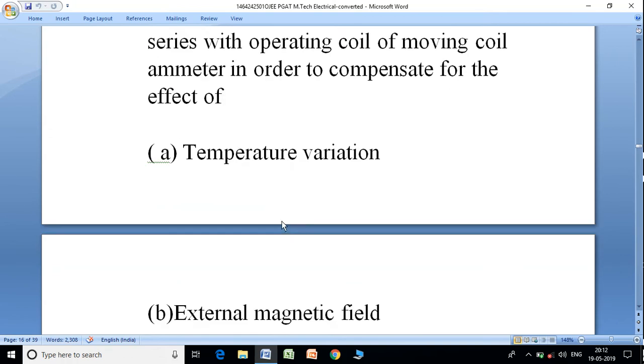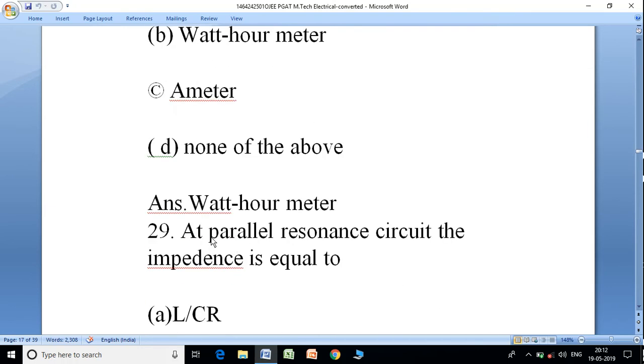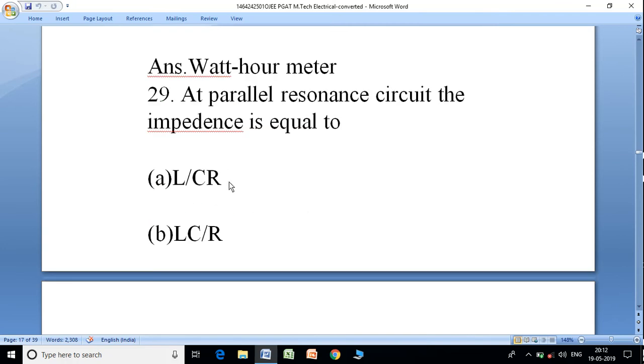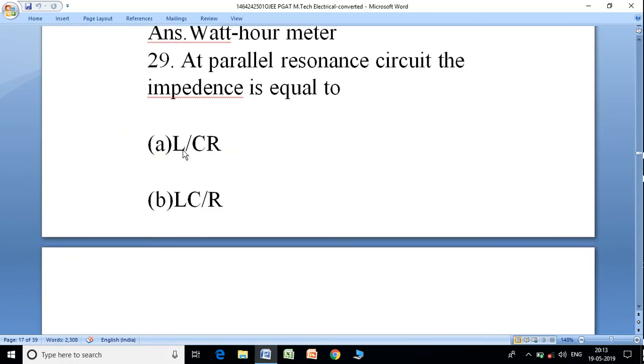So next question. At parallel resonance circuit, the impedance is equal to L by CR, LC by R, RL by C, or CR by L. Answer A is the correct answer, L by CR.